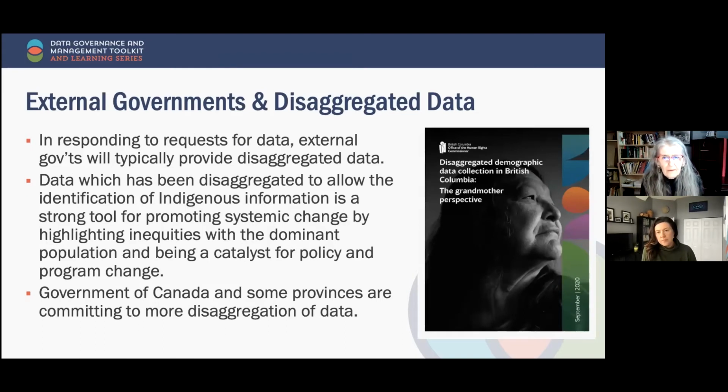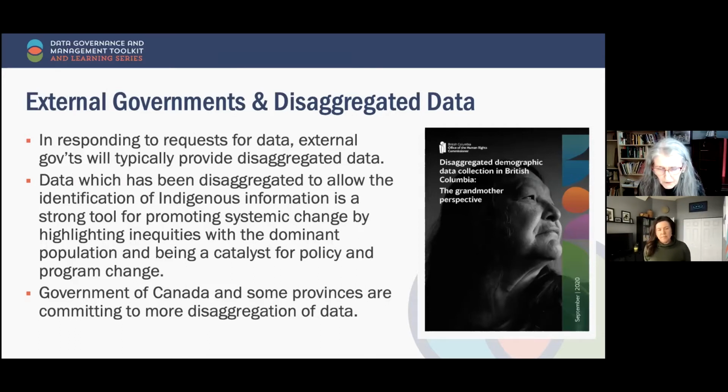And Harmony alluded to disaggregated data before, and I think this particular report came out in BC. You may recall that Gwen Phillips talked, I wasn't part of the webinar, but Harmony did mention to me that the grandmother perspective is not a big brother perspective, which is like just capture information and control everybody.